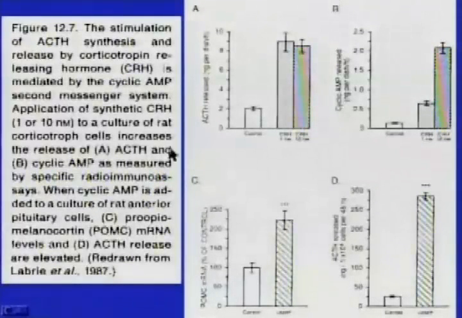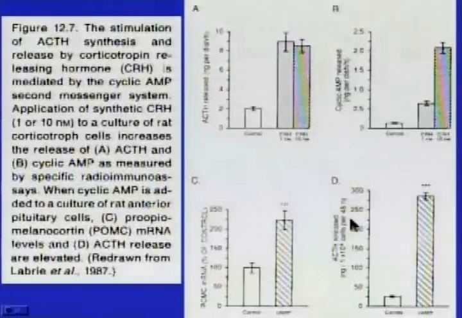But then why are the units different than up here? See, this is per cells. So that must just be a way of normalizing the data, so that you have the same number of cells for which you're measuring an amount of ACTH.